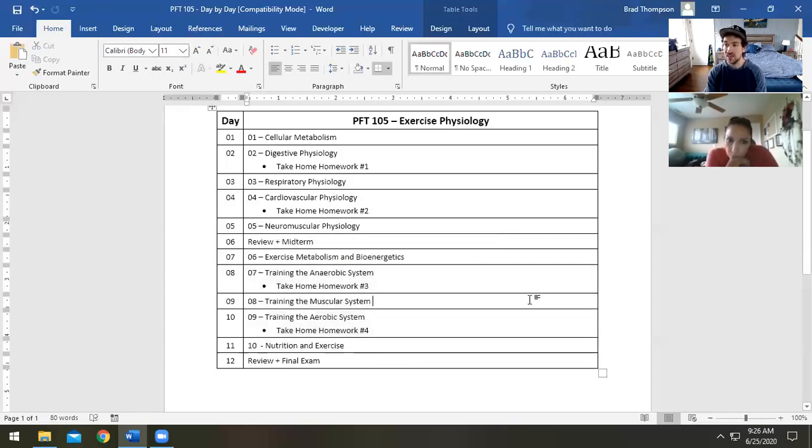So this class is very much going to cover a lot of how our bodies work. We're going to do a foundational part of that first, where we really dive into the how of cells. Then we'll dive into the how of food, and then we'll dive into the how of lungs, heart, and muscles, which are the 3 big things that we as trainers work on.